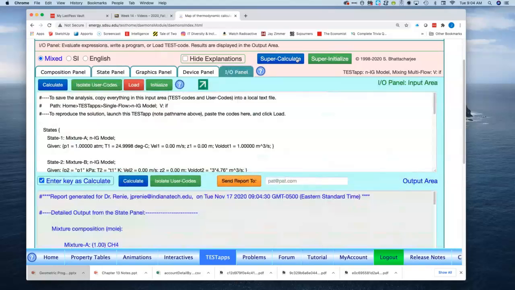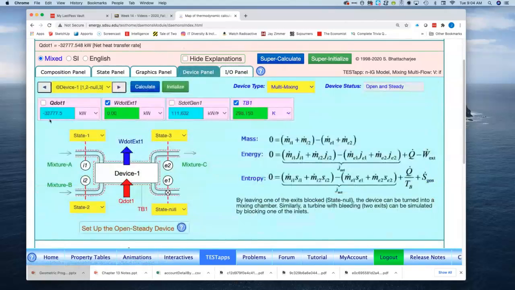If I do a super calculate, I get a number here, and that number is the combustion heat. Again, if you went back to that table I showed you, it corresponds to how much heat has to be taken out of the combustion chamber in order for there not to be any temperature rise in the output. Okay, any questions about this?